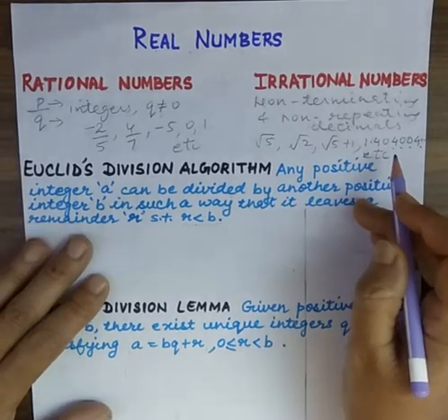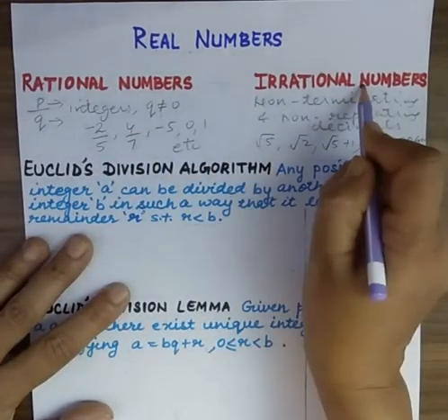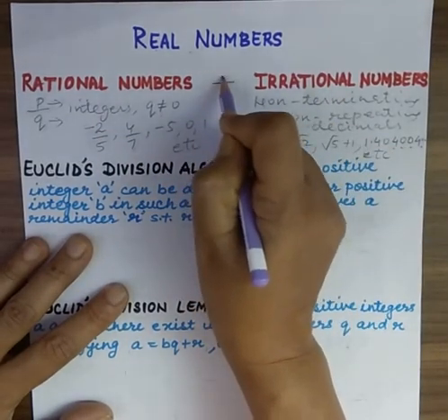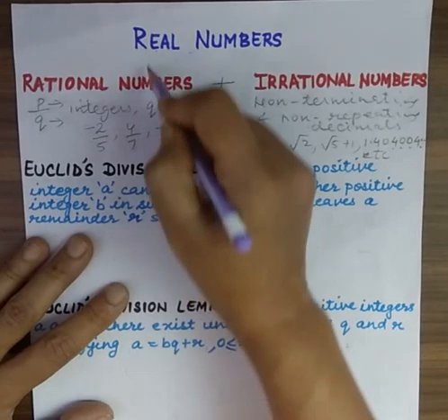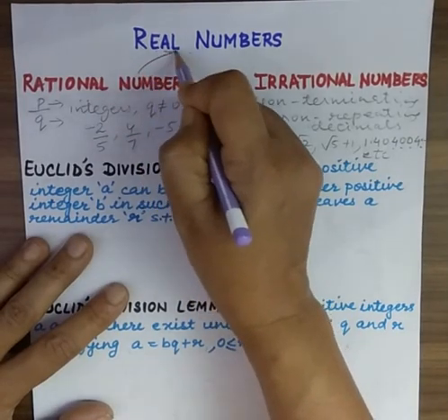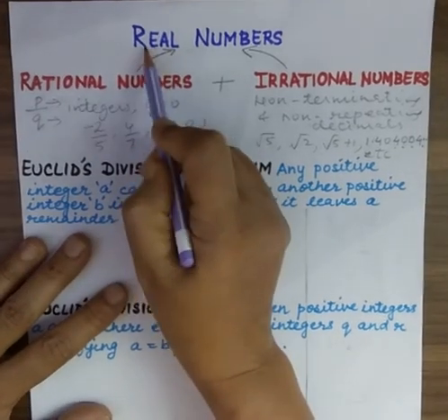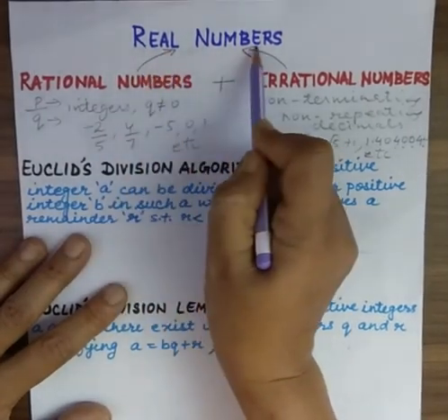Alright. So when the families of these numbers, the rational numbers and irrational numbers, are merged together, they enter into a larger family of numbers, and that family is called real numbers.